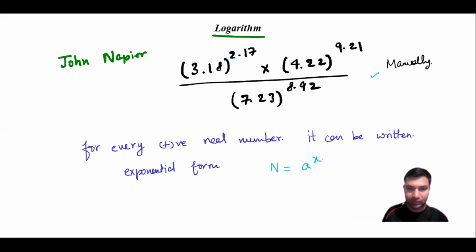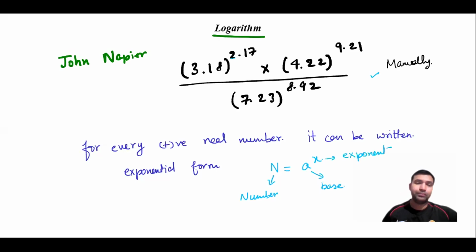Here n is my number, which is a positive number. A over here is called the base, and x over here is called the exponent. Let me take a few examples, then it will be more clear. Suppose I have 8. I could write 8 as 2 to the power 3.